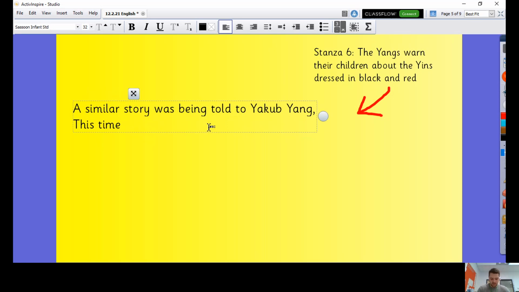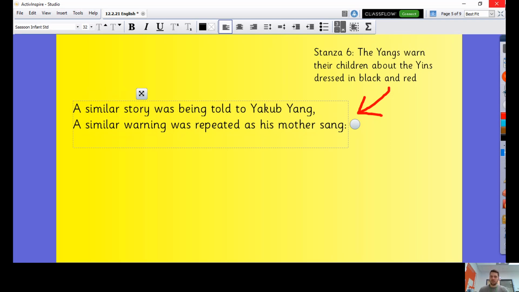This time, let's go for it. The same words were repeated, or the same warning. Well, really got to think here. A similar warning was repeated as his mother sang.